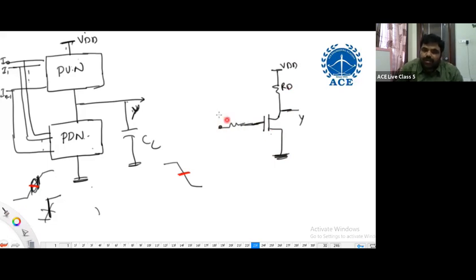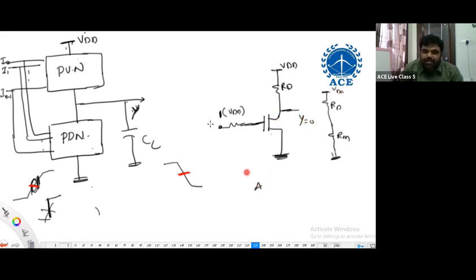I'm using a MOSFET in explaining. If you are applying a logic 1, that is VDD, then it is switching on. In the on condition, there is an on resistance of this MOSFET, and here it is RD, and here it is VDD. As it is on, we consider output Y is logic 0.